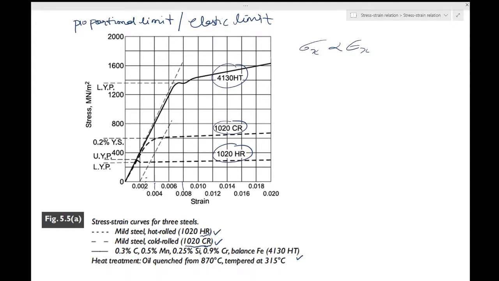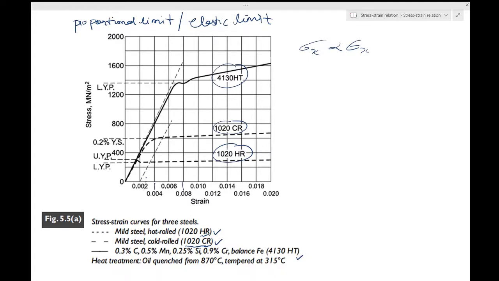So you have this slender specimen, you increase the stress from 0. Actually you increase the force, but stress is the parameter which we are using to analyze this test. You keep on increasing, and then there is a maximum value of stress after which, if you release it, the deformation will not go back to 0.